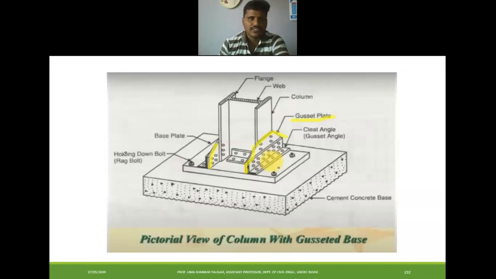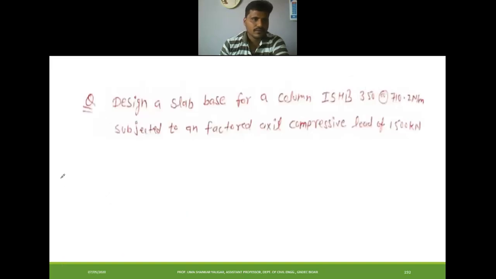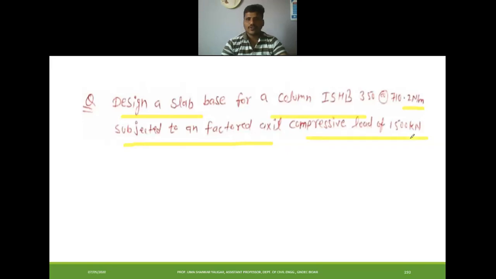Now we will see the numerical problems based on these two column bases. Design a slab base for a column ISHB 350 at 710.2 Newton per meter, subjected to a factored axial compressive load of 1500 kilonewton.